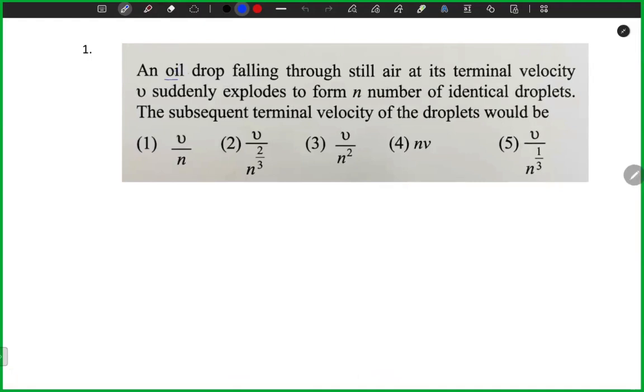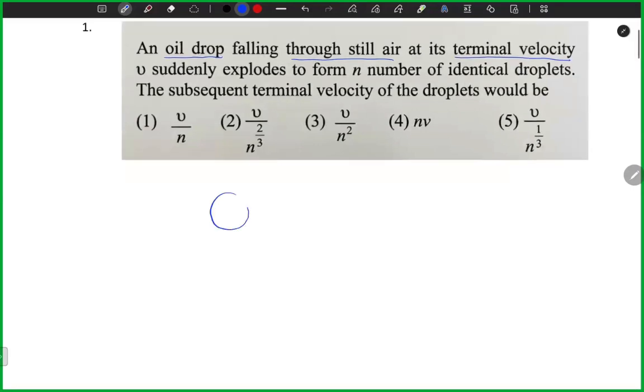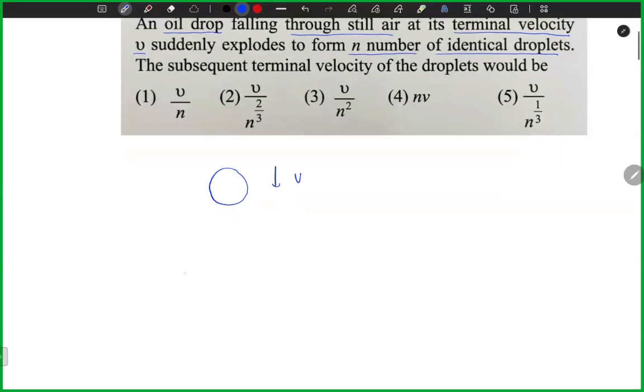So they're talking about an oil drop. It's falling through still air at its terminal velocity, right? So there is an oil drop that's going down with its terminal velocity, Vt, right? Let's mark it as V because they have told that the terminal velocity is V, and it explodes to form a number of identical droplets. So it's going to explode to form n number of what?